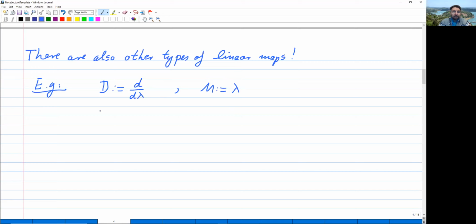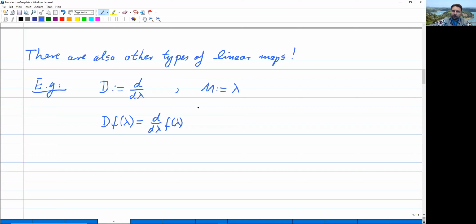Now, I'm claiming that D and M are linear maps. So first of all, how does D act? D, when applied to a function f of lambda, is by definition d by d lambda of f of lambda.